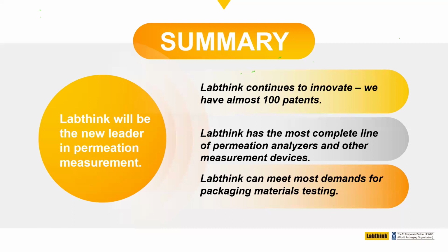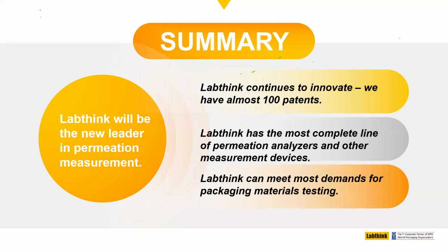So that brings us to the end of the slideshow part of today's webinar. I hope I've been able to illustrate that we follow a rigorous R&D process. We have almost 100 patents now. About 50% of those are related to permeation measurement, where it's our intention to be the leading company in that particular technique.